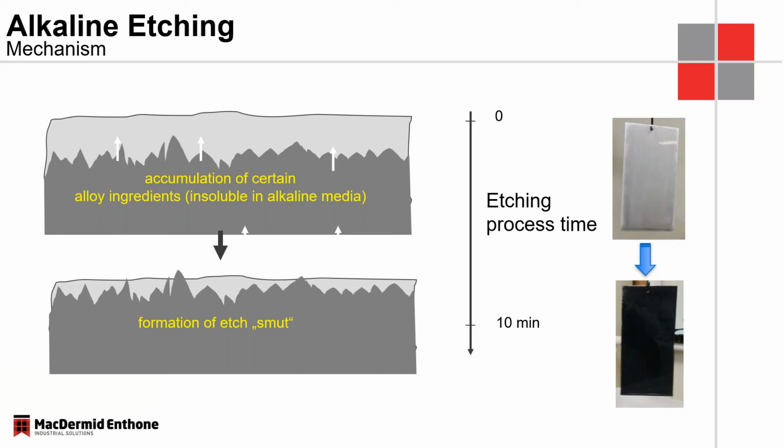And this will really result in these very, very dark, almost black panels you can see here at the bottom right. And this literally is just silicon, magnesium, some copper and zinc on the surface.